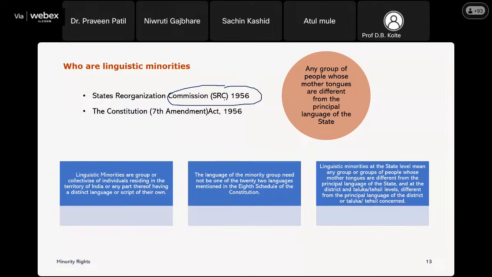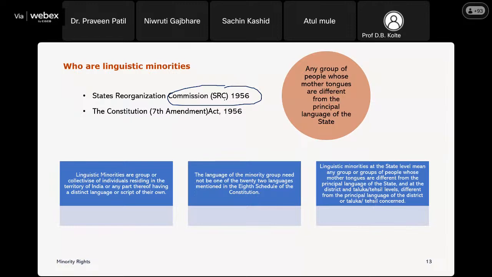According to the Reorganization Commission module, if language is to be considered as a parameter to distinguish and define a particular state, Belgaum should be a part of Maharashtra. That is what we have claimed in the Supreme Court.